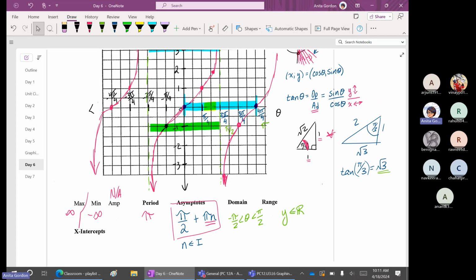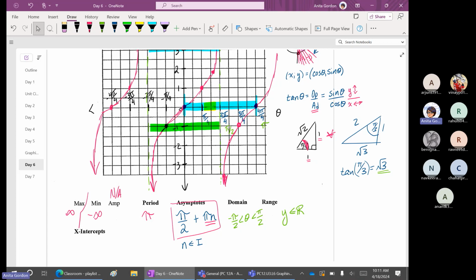Okay, x-intercepts. What is the pattern for the x-intercepts? Where is tangent zero? Think about where it starts. At 0. Where's the next 0? There's the next 0.